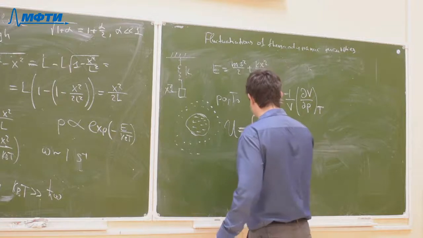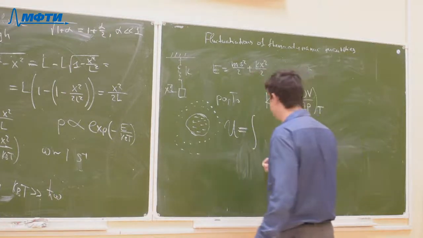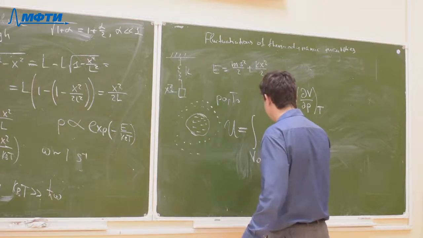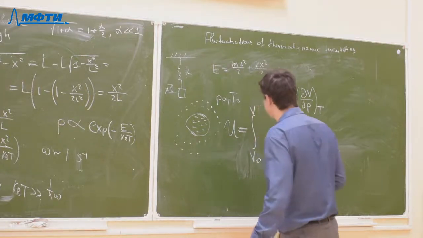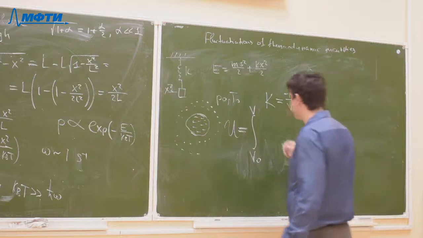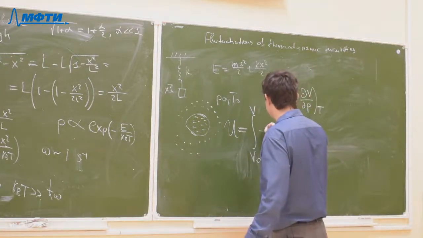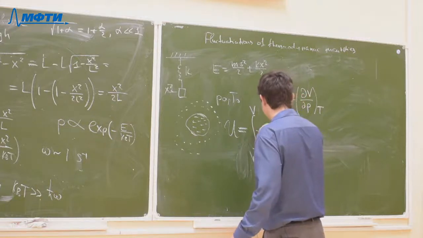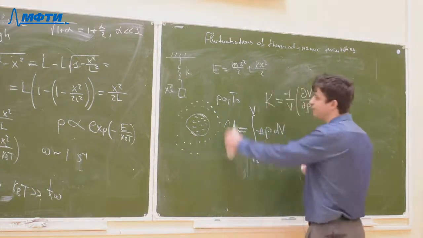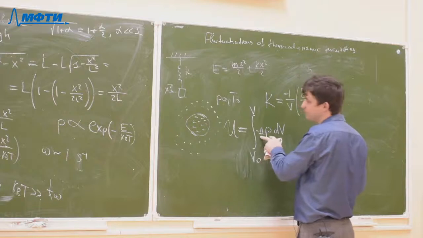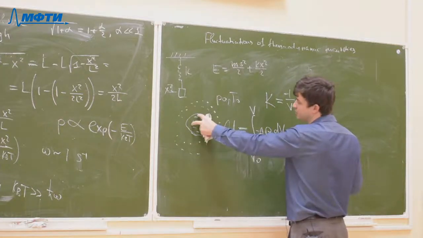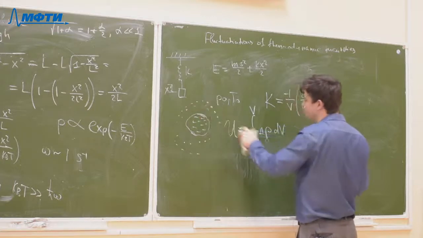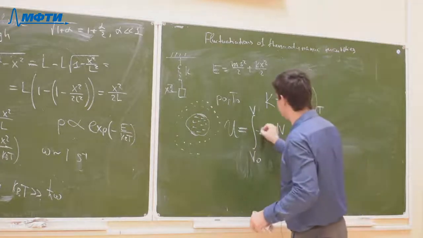So the mechanical work is calculated from the equilibrium volume V0 to the final volume V as minus delta P dV. Here delta P is the pressure difference between the pressure inside this fluid and the pressure outside this fluid, multiplied by dV.